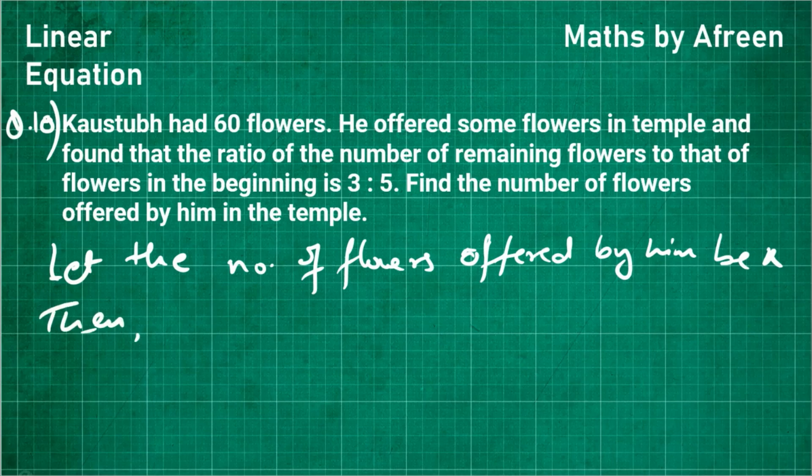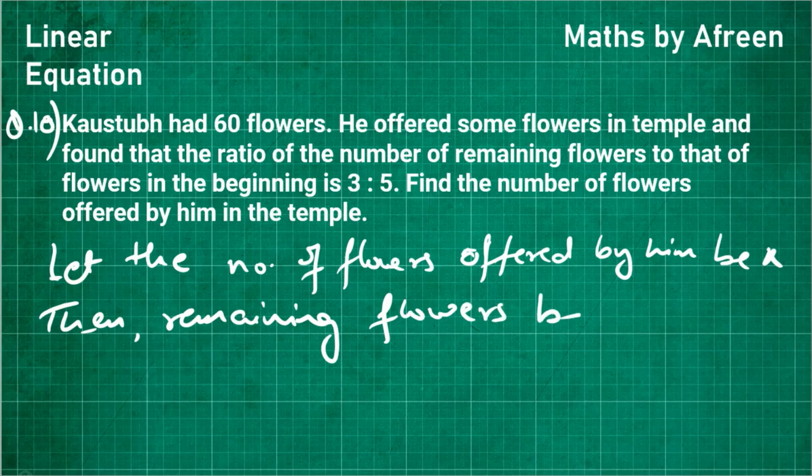Then remaining flowers be 60 minus x. Why 60 minus x? Because in total 60 flowers were there and he offered x flowers, so remaining flowers will be 60 minus x.